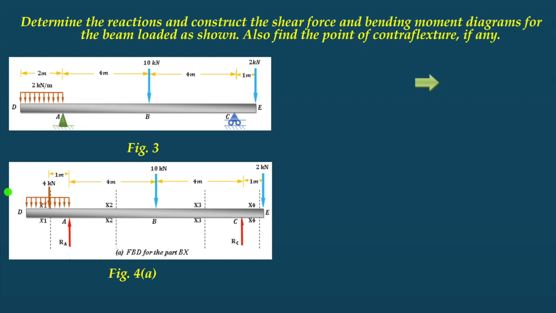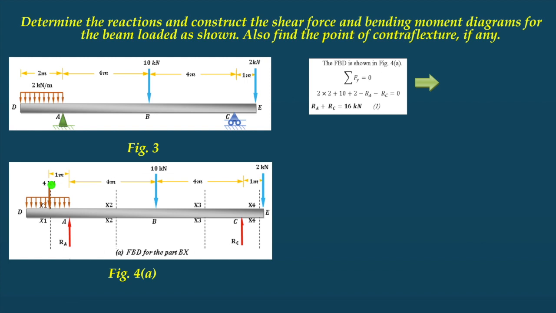First segment x1, in between D and A, then in between A and B, then in between B and C, then C and D. The segments are x1, x2, x3, x4. For the distributed load, the intensity is 2 and the total length is 2. So totally it is 2 into 2, 4 kilonewton.